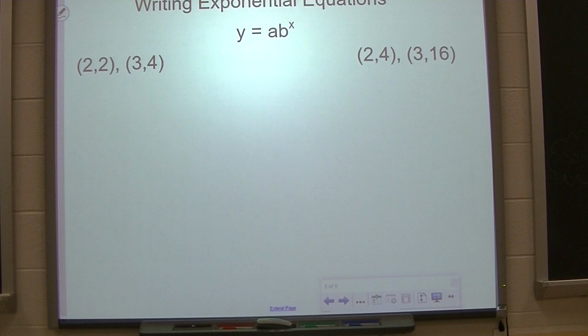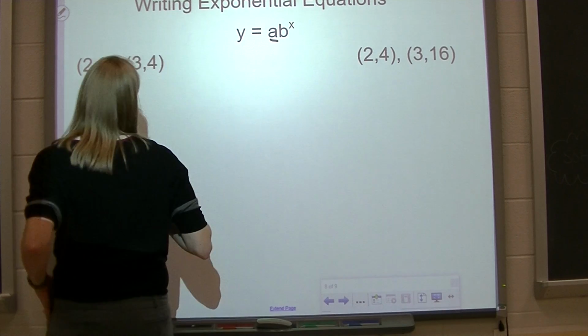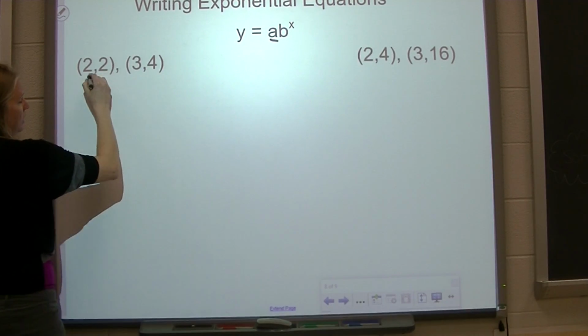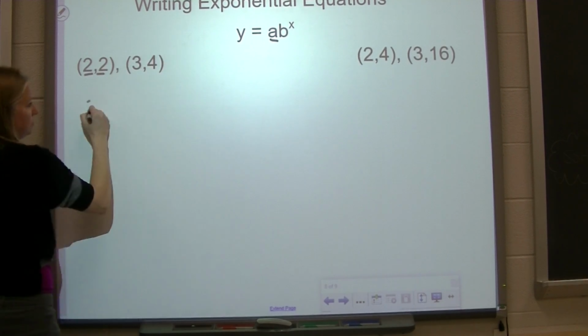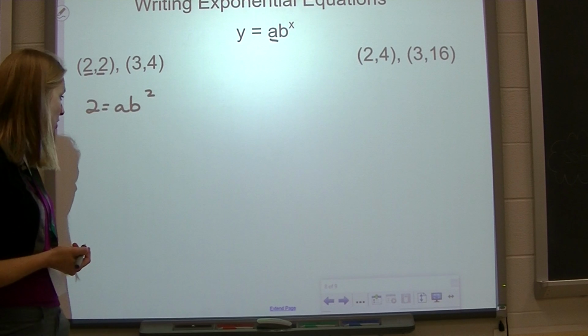Alright, so the book says when we write exponential functions, we're going to take one of those points. I'm going to take 2, and we're going to first solve for a, because it's the easier variable to solve for. So let's take 2 first: 2 equals a times b to the second power.